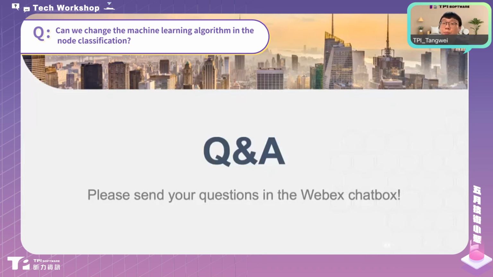Neo4j also provides some libraries to help you connect your data to Python, and then you can build a classification model using your familiar Python libraries like sklearn or PyTorch. And when we finish the classification model and make the prediction in Python, we can save this result and write it back into our Neo4j database. So did I answer your question clearly?